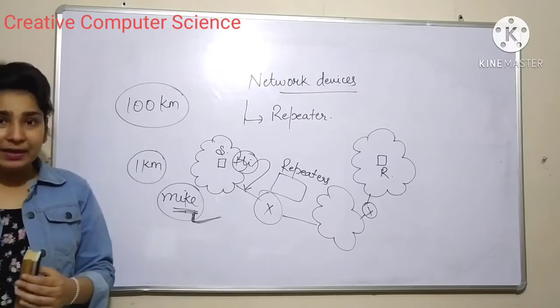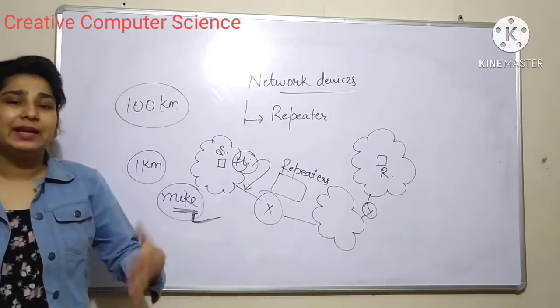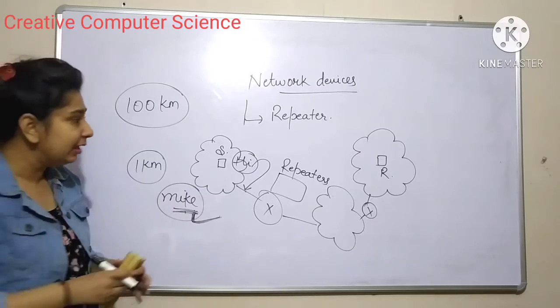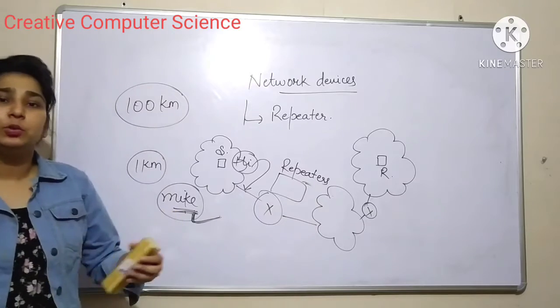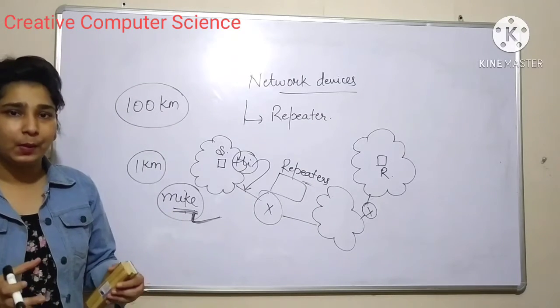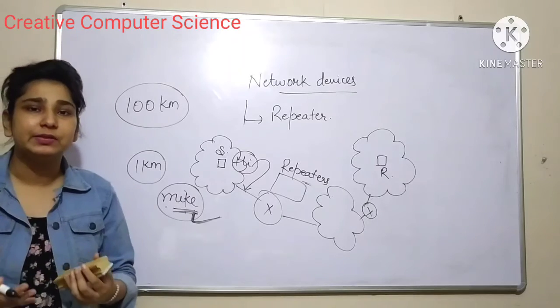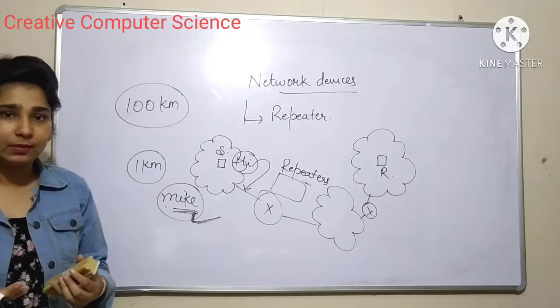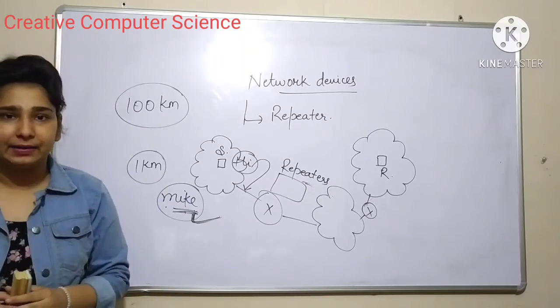A repeater restores your signal to its original strength, but a mic is going to increase your volume. That is the difference between repeaters and a mic.